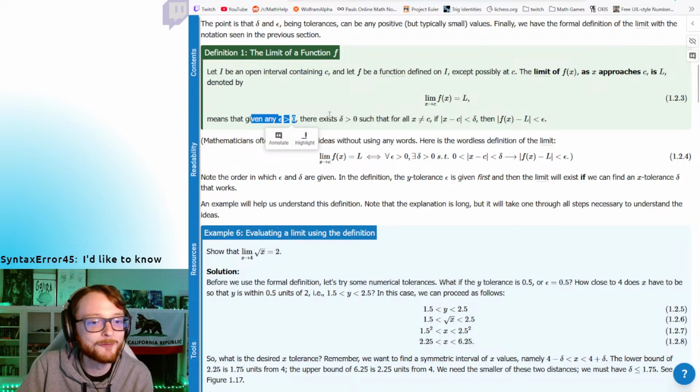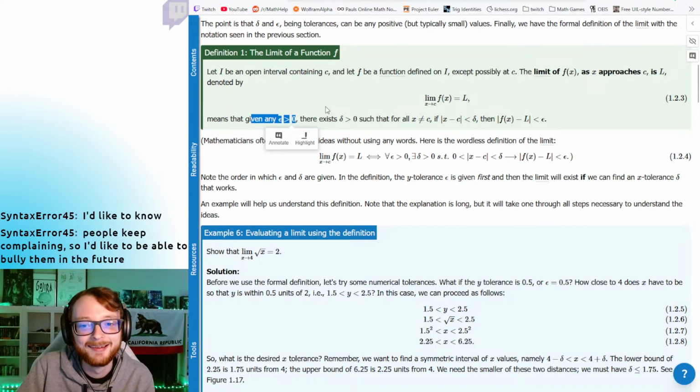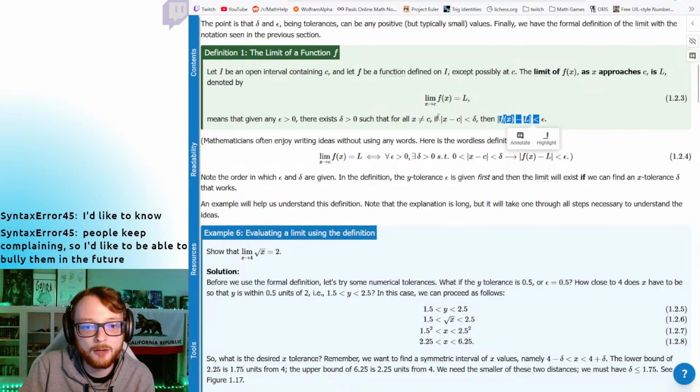So some third party gives you an epsilon and says, I challenge you, within this error tolerance for the values of the function, you need to be able to name an error tolerance for x values such that every single function value is within the error tolerance.